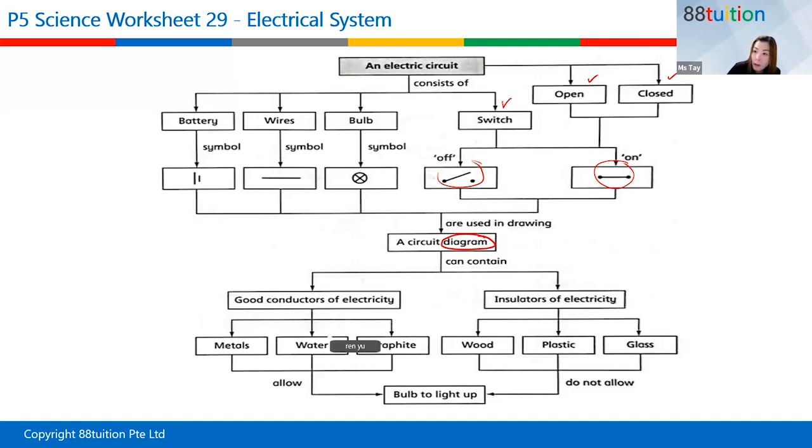Then after that, you need to know examples of good conductors and examples of insulators. Conductors allow electricity to flow, so the bulb can light up. Insulators do not allow electricity to flow, so the bulb will not light up.